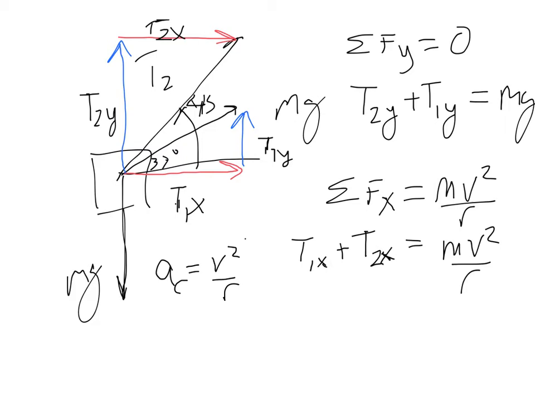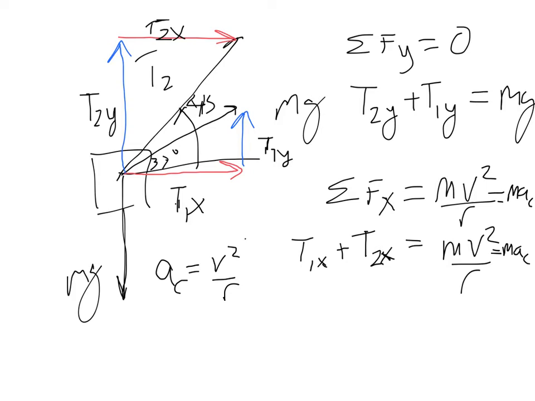Okay, let me back up a second. We're supposed to find a sub c, aren't we? So we should just leave it as m a sub c. If we were trying to find the tangential velocity, then we'd fill that in. But they asked for a sub c, so we should leave it like that.